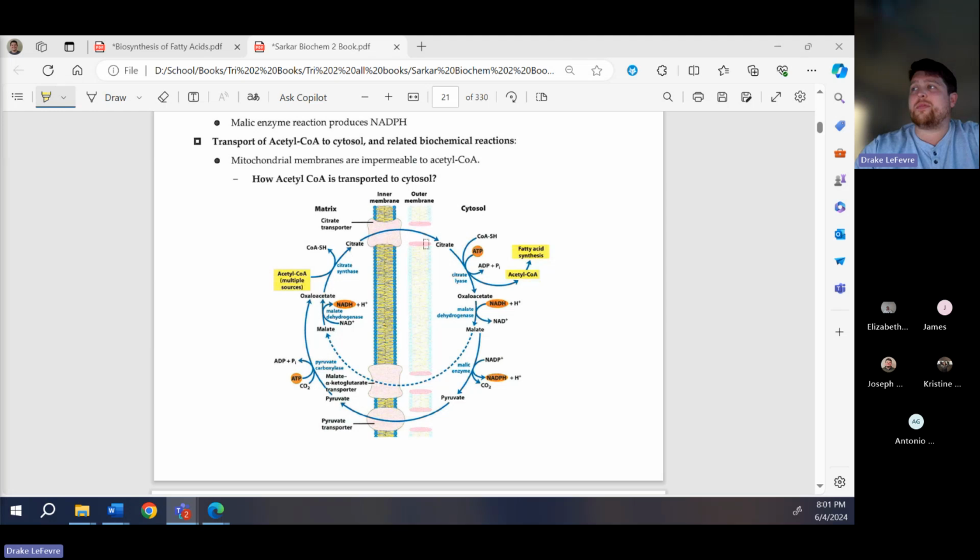It's a pretty similar process where citrate comes through and gets converted back into pyruvate. Pyruvate is able to transport back across into the matrix, just like it would after glycolysis. And then we can bring that acetyl-CoA back and forth to get it into the cytosol to produce the fatty acid chains that we need.